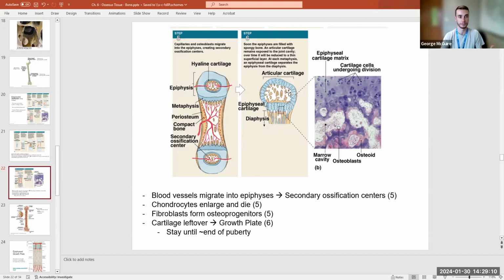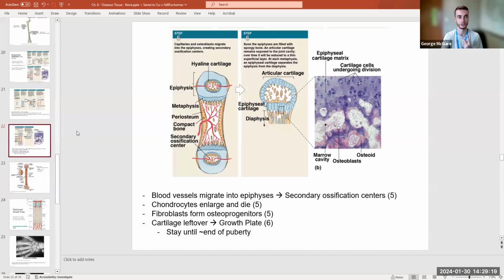After birth, these bones need to lengthen and increase in diameter, so we have two different types of growth within the bone to provide those two different types of growth. We have one type of growth that gives length to these long bones, and one type of growth that gives width or girth to those long bones, density to those long bones.